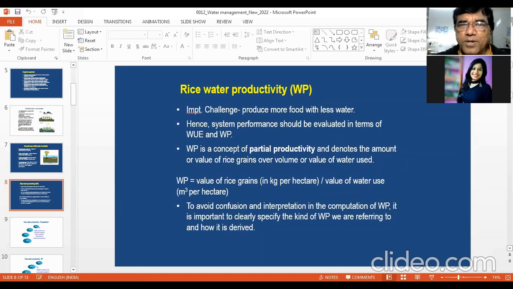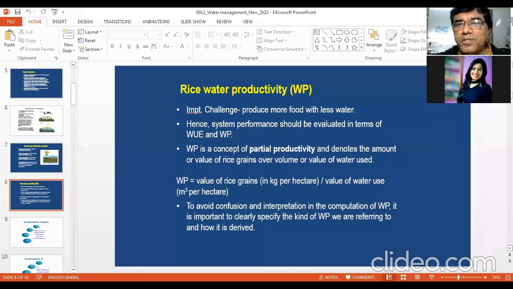So rice water productivity improvement is very, very necessary, and it is a challenge to produce more food with less water. I think you know the Pradhan Mantri Krishi Sinchai Yojana, where they have the slogan, more crop per drop, meaning you want to produce more and more with less water.